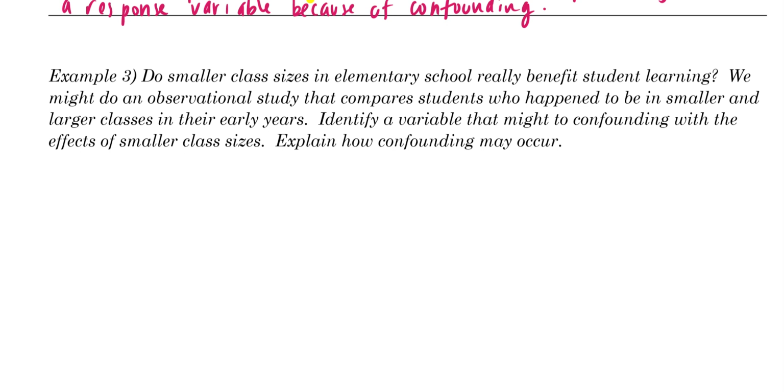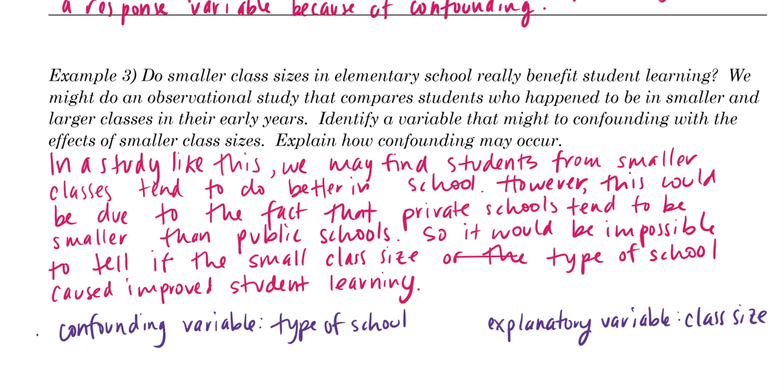I want to know what else could have caused that. So what else is associated with smaller class size and GPA that would actually cause confounding in that situation? So go ahead and pause, try to write an explanation, try to discuss it if nothing else, and then we'll chat.